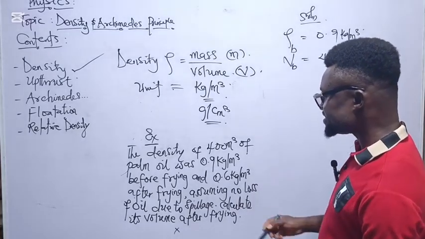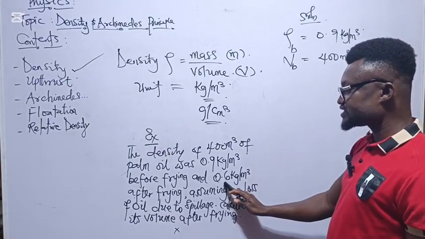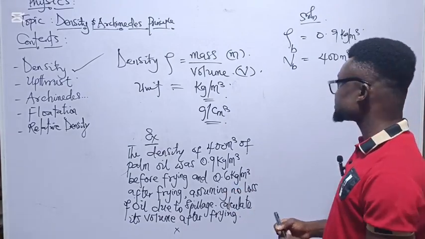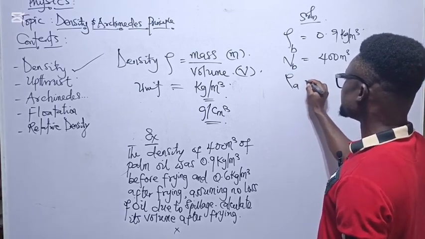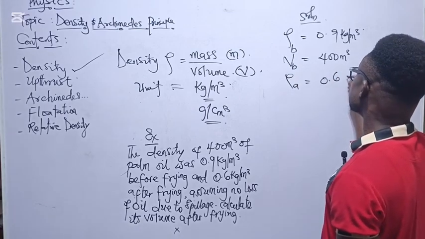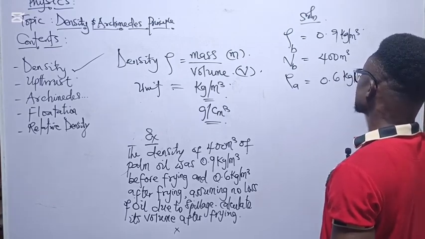Then after frying, the density becomes 0.6, which means the density reduces. So the density after frying is 0.6 kilogram per meter cube.